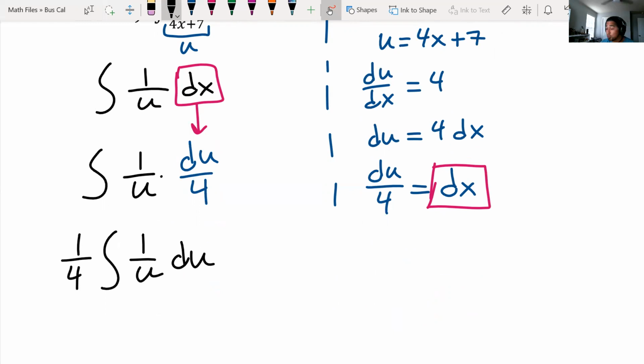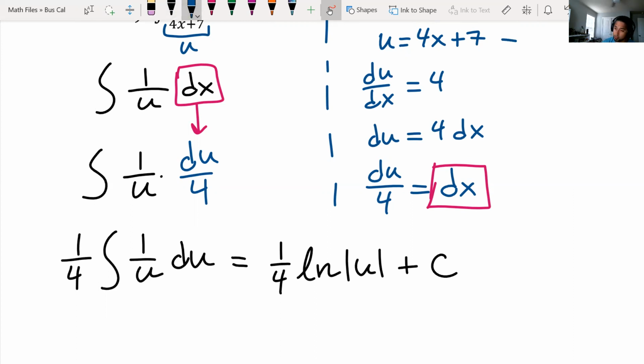Okay, now we are ready to find the antiderivative. And remember from your integration rules or formulas from last class, the antiderivative of 1 over u is the natural log of the absolute value of u, plus that constant. But again, we have to plug u back in.